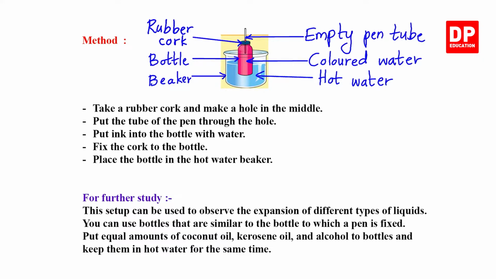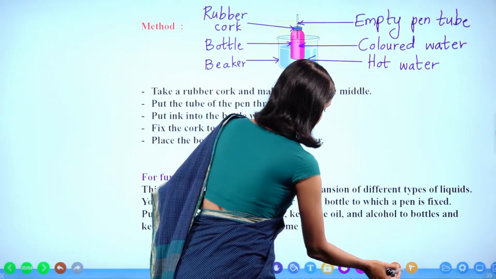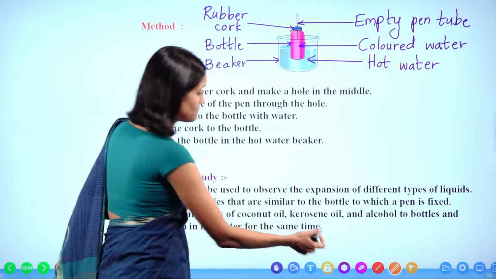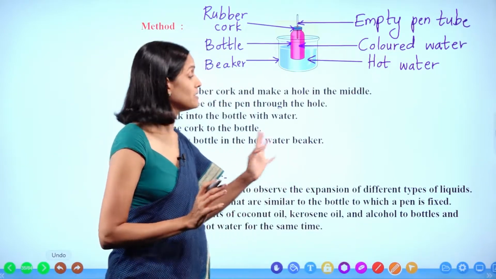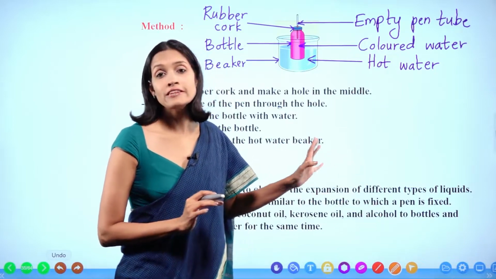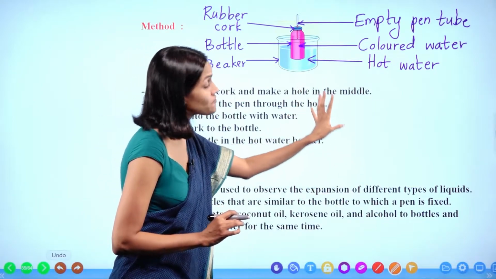Put equal amounts of coconut oil, kerosene oil and alcohol into bottles and keep them in hot water for the same time. You will understand this better when we do this activity. So you have to use similar vessels for coconut oil, kerosene oil and alcohol. There I am going to use test tubes of similar size.